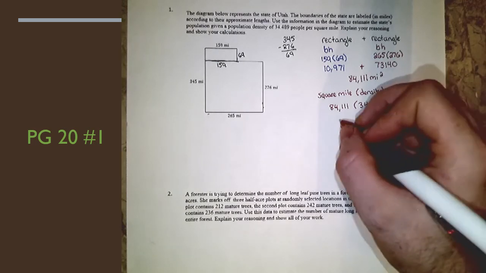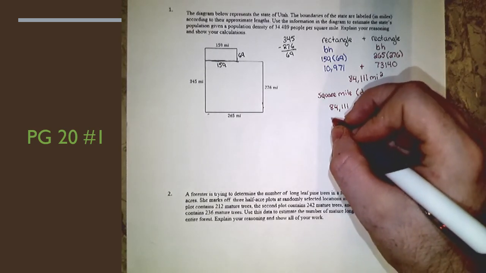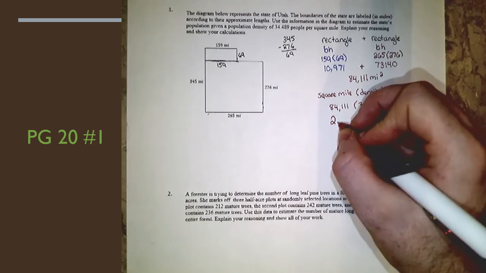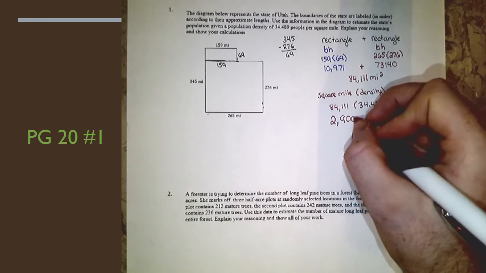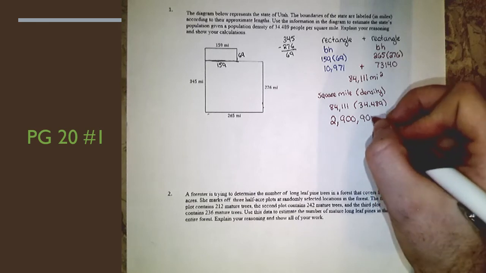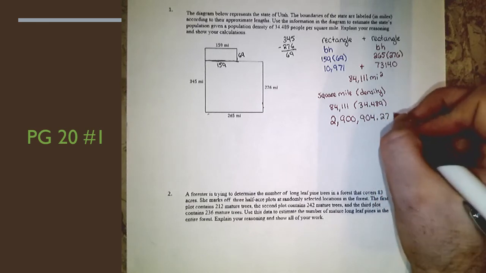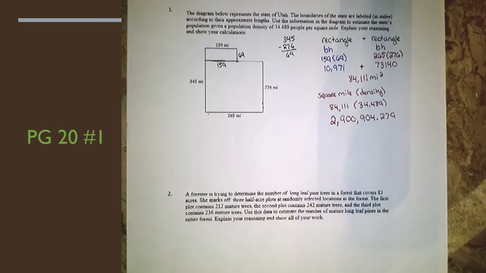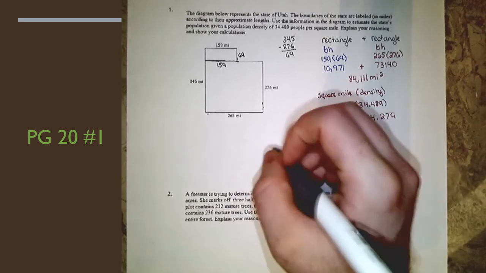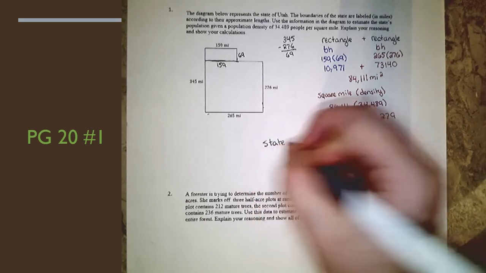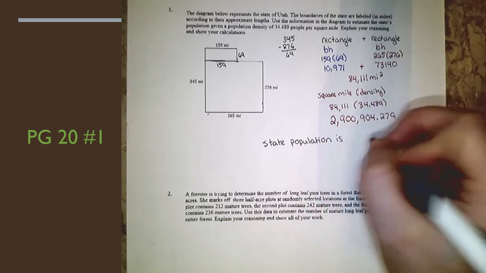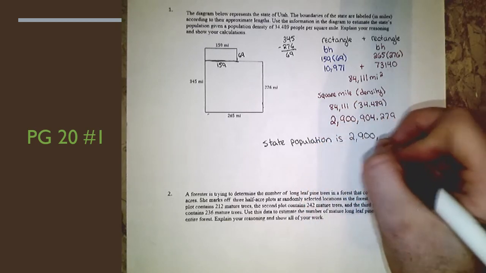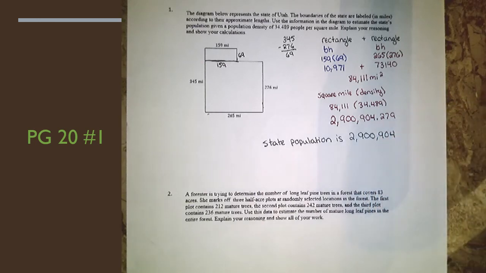When you multiply that together, you get a pretty big number, but remember, you're trying to find the total population of Utah, so it's supposed to be a big number. So 2,900,904.279. So the answer that we're looking for is the state population is 2,900,904. And that would be a rough guesstimate based on what they told us.